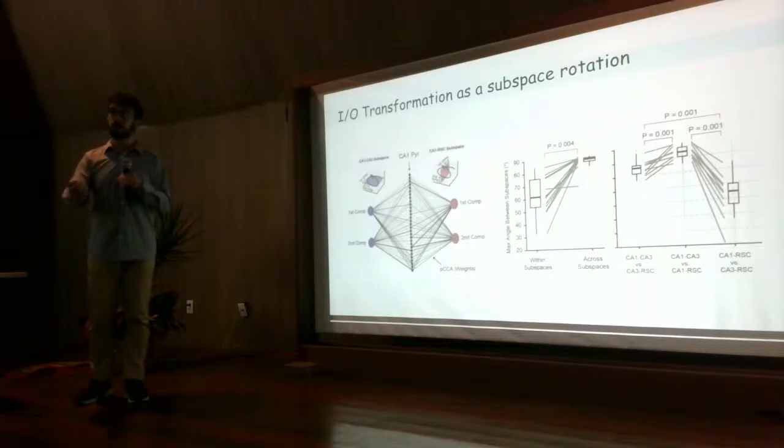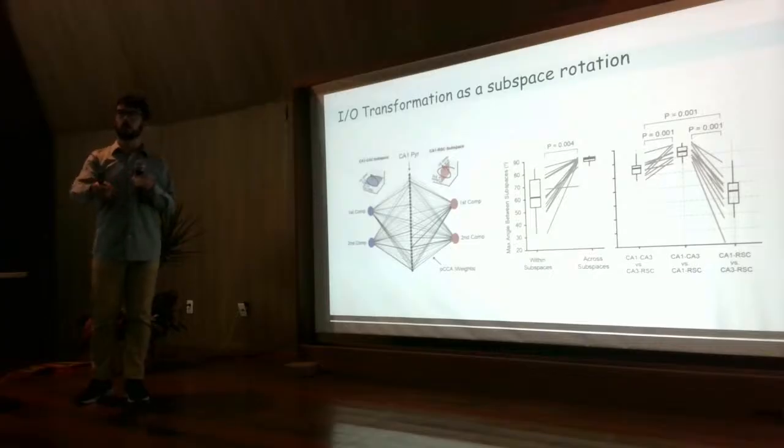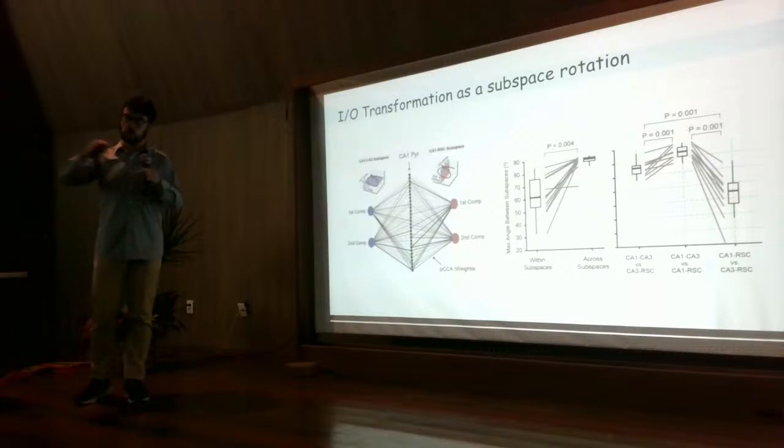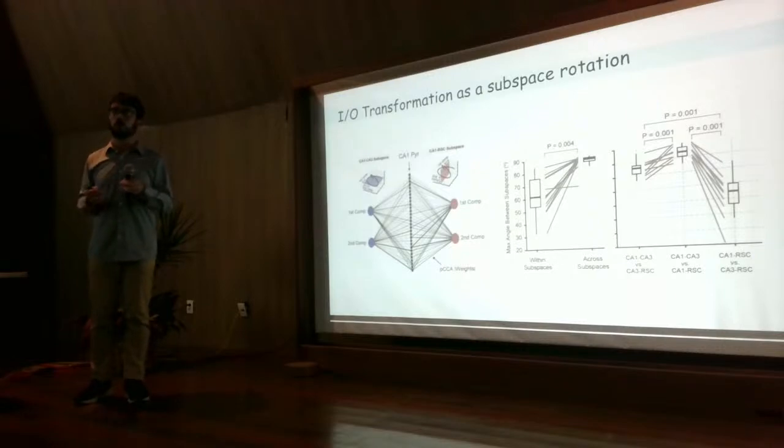Meaning that LTP may develop during CA1, CA3 communication, but then the plasticity rule may change towards cortex, so you have more like a long-term depression taking place at that interface. That's the value for now for that big story. I just wanted to frame the importance of the communication, but for sure these are baby steps towards that goal.